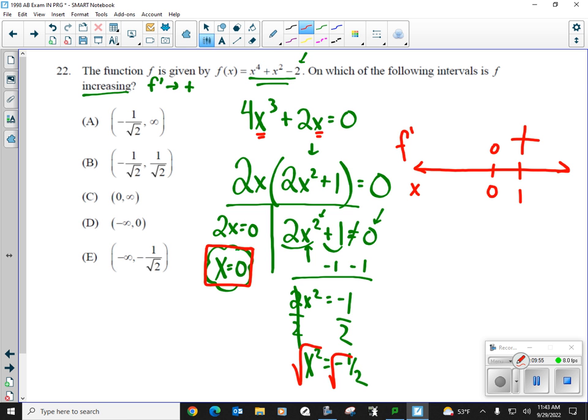If I put a -1 in here, I get -2. If I put a -1 here, I get a -4. Okay, that's going to give me a -6. That's negative. Keep in mind, we want this. From 0 all the way over will always be positive. Okay? From 0 to infinity and beyond.